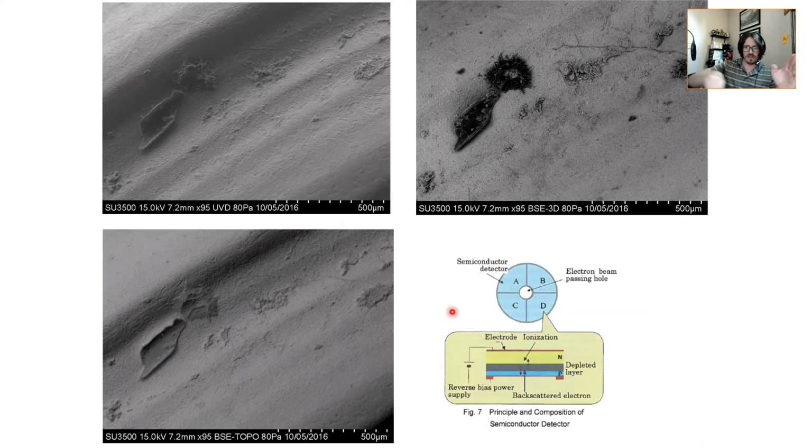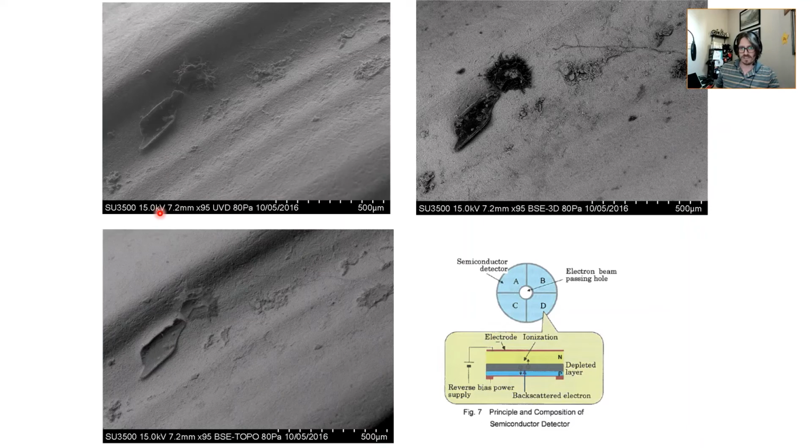So the backscattered electron will still go through the air and hit your detector. The secondary electron, not as energetic, but it'll interact with the air and emit photons. And the photons emitted from the air have an energy level that's proportional to the secondary electron. So this UVD detector actually is detecting emitted photons.